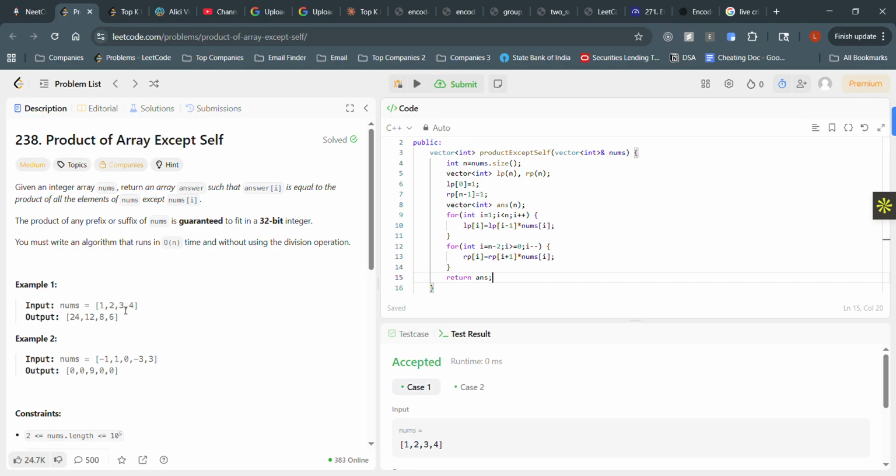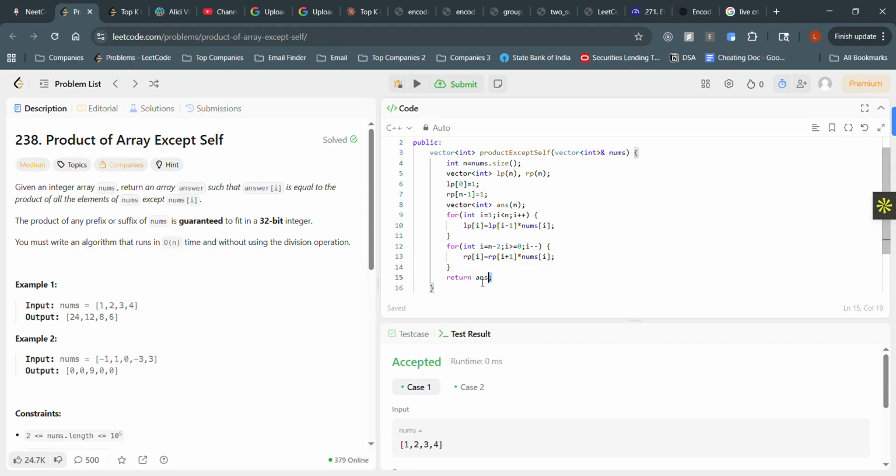Coming back to that example, for this number 3, if we have the left product of the numbers before it and the right product of the numbers after it, and we multiply them, what do we get? We get our answer on that index, right?